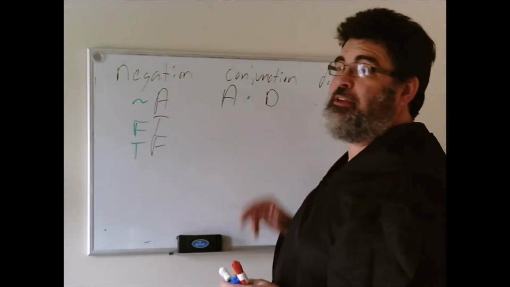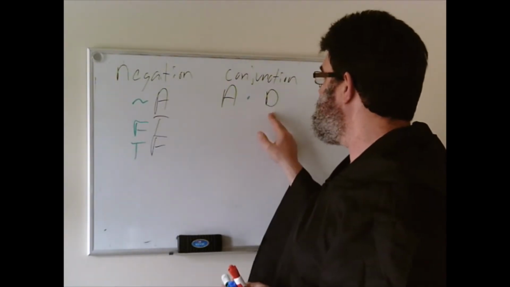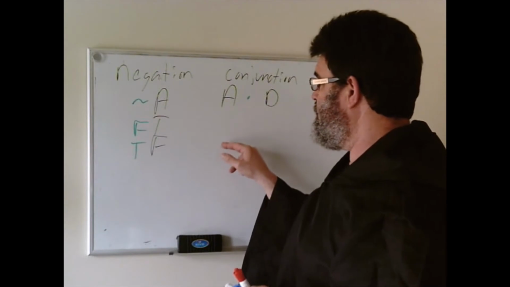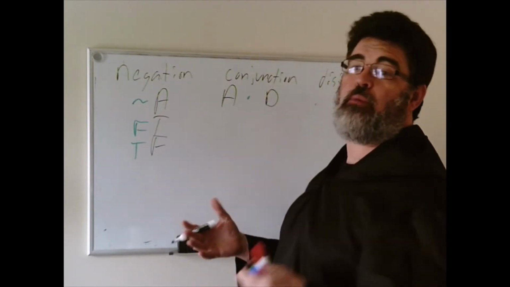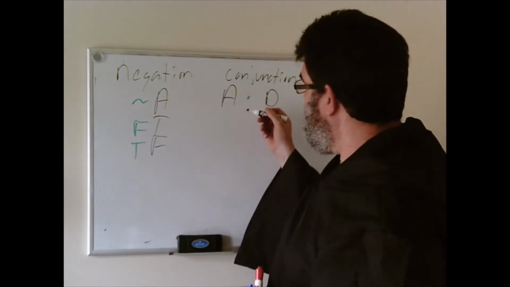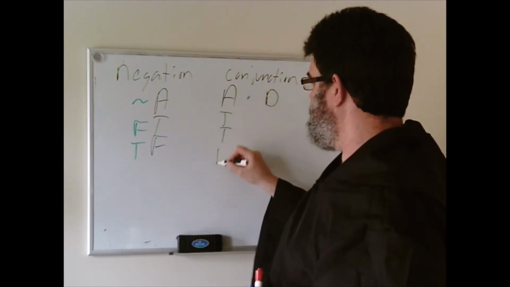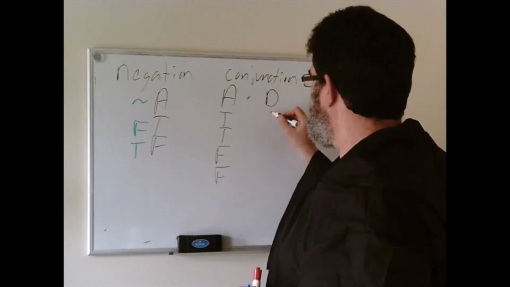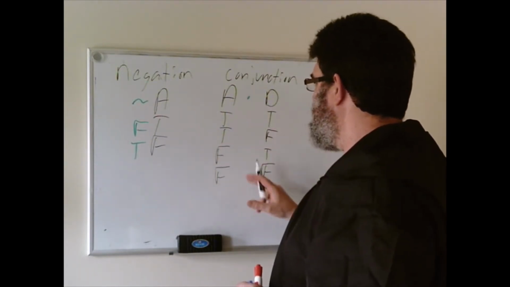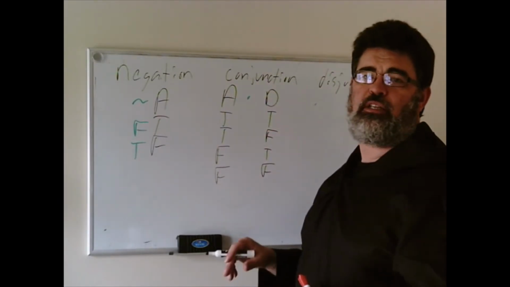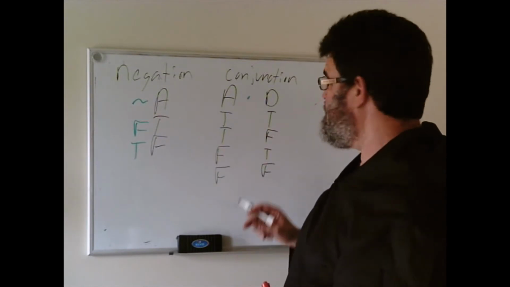And the combination of A and D can be different depending on if both A and D are true, or if A is true and D is false, or A is false and D is true, or they're both false. So we need some way to figure this out. And the way we do that is we say, okay, for our first letter, we'll do half true and half false. And for our second letter, we'll alternate true, false, because we have 2 letters, and once we get to singles, then we're done. This is something fun to keep in mind for our next video on truth tables.